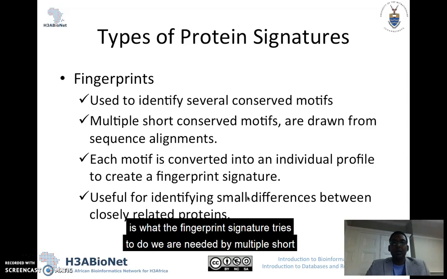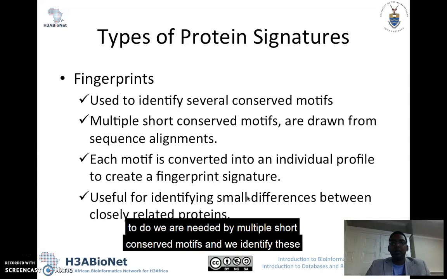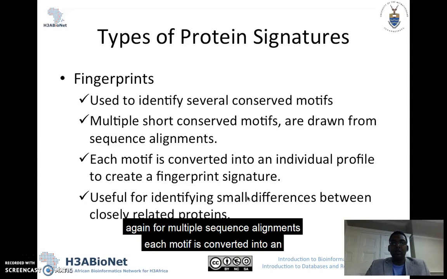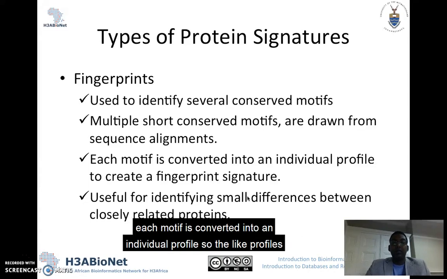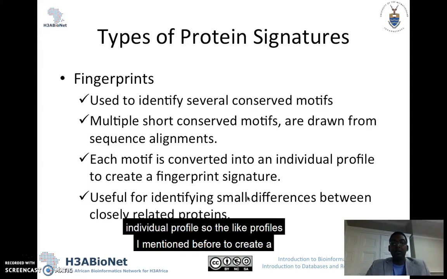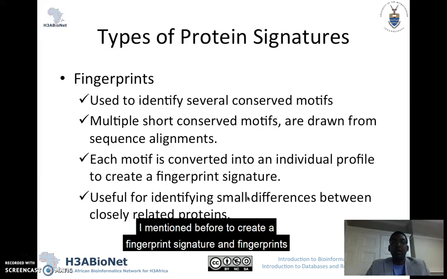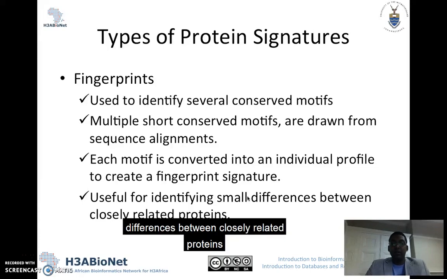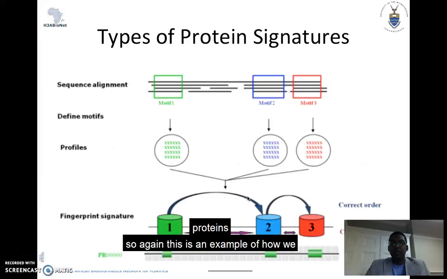So this is what the fingerprint signature tries to do. We identify multiple short conserved motifs, and we identify these again from multiple sequence alignments. Each motif is converted into an individual profile, so like the profiles I mentioned before, to create a fingerprint signature. And fingerprints are useful for identifying small differences between closely related proteins.